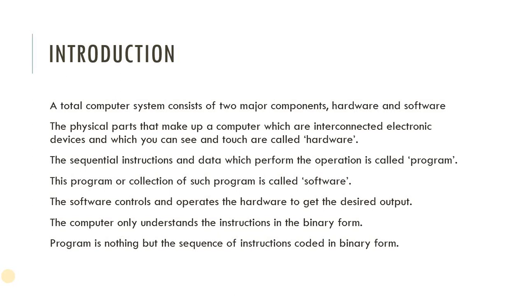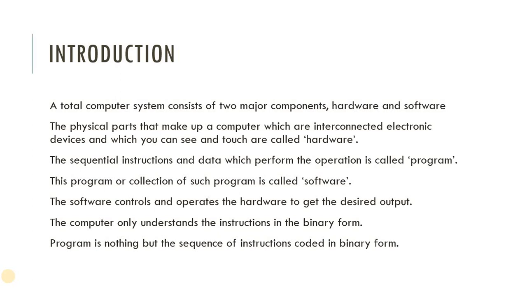Only hardware is not useful, only software is not useful, but hardware and software combined together give the desired output to us. The computer only understands instructions in the binary format, as we have already learned, that it only understands the language of zeros and ones.